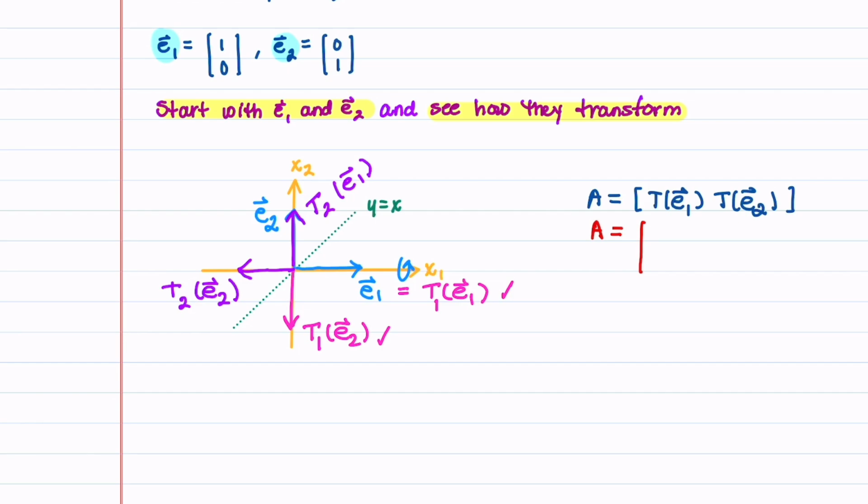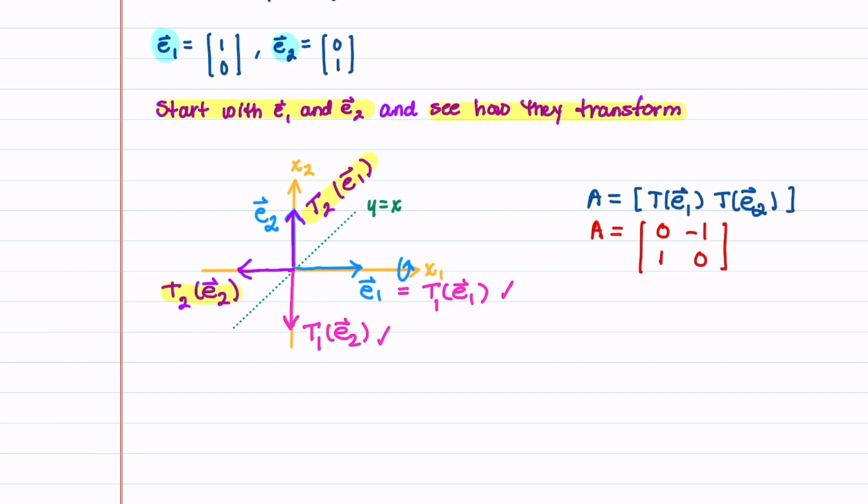Let me go ahead and highlight that. That's this one, and that's going to be the vector 0, 1. And then we have our second one, T2 of E2, and that's going to be the vector -1, 0. So there's our standard matrix for this transformation.